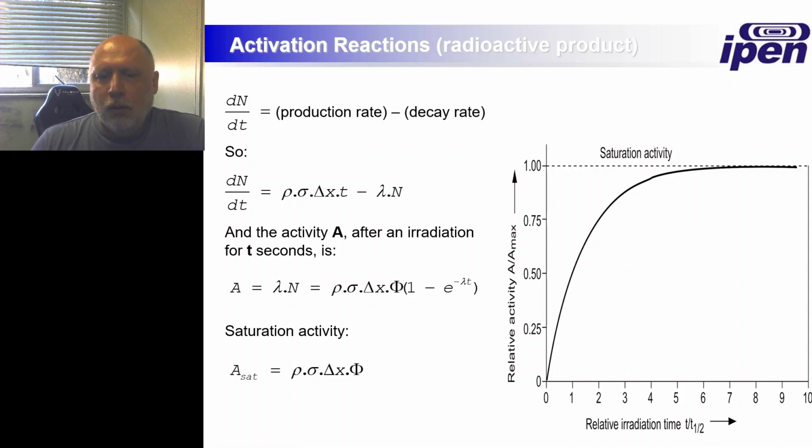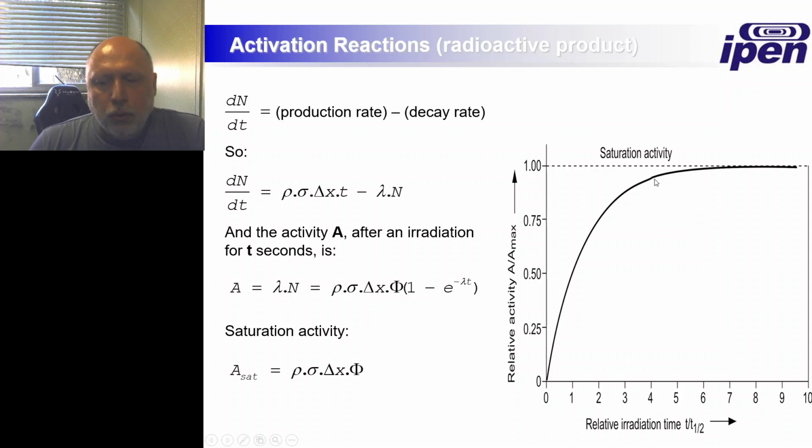In the very beginning, we have a very steep curve, meaning the activity is almost proportional to the time of irradiation, and then after a while, it is not even close to proportional anymore. So when your irradiation time is of the same order of magnitude as your half-life, there's a limit to how much you can produce.